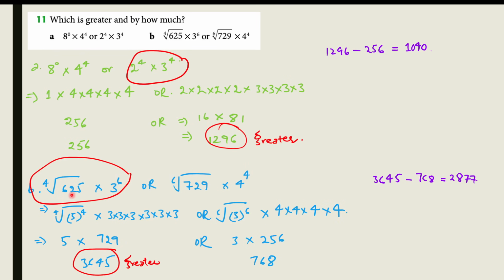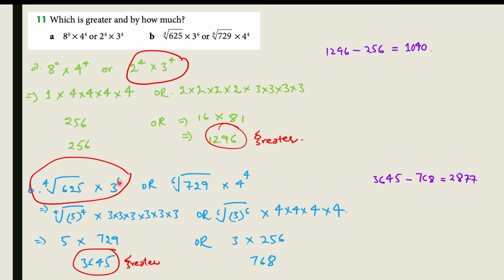Now, let's evaluate the second pair of expressions. The first expression is the 4th root of 625 multiplied by 3 raised to the power of 6. Since 625 can be written as 5 raised to the power of 4, the 4th root of 625 would be 5, because the 4 gets cancelled with the 4th root. We are left with 5 only.